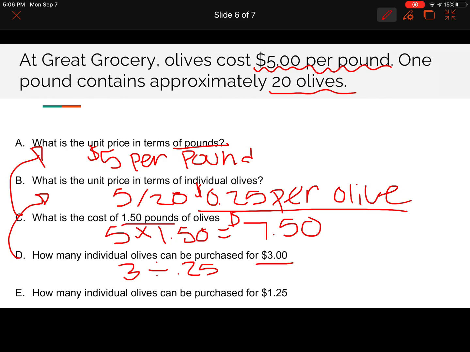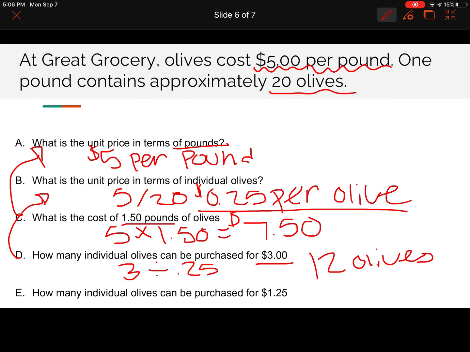So 3 divided by 0.25 is going to give me 12 olives. So how many olives is it going to take to hit $3? 12 olives.